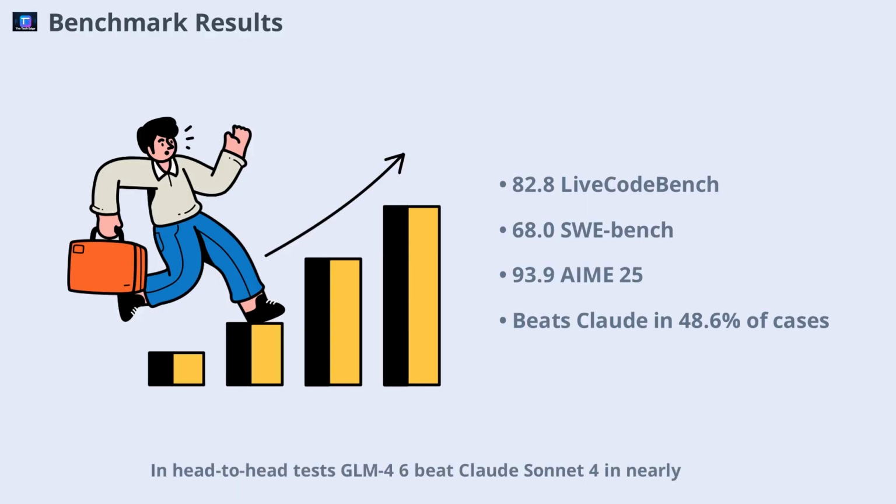In head-to-head tests, GLM 4.6 beat Claude Sonnet 4 in nearly half of coding scenarios, and outperformed DeepSeek V3.1 in almost two thirds. These aren't just marketing numbers. They come from real-world tests, with human evaluators working across a range of development tasks. For embedded engineers, these results mean GLM 4.6 is a serious contender.